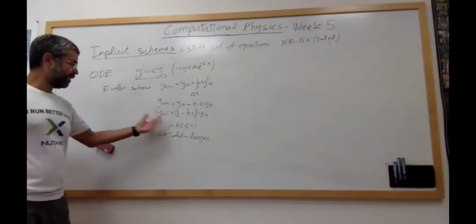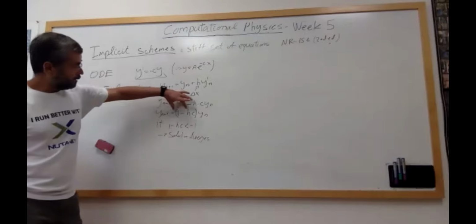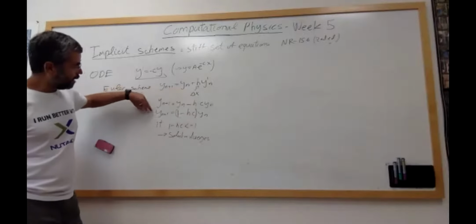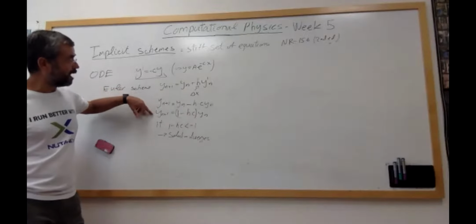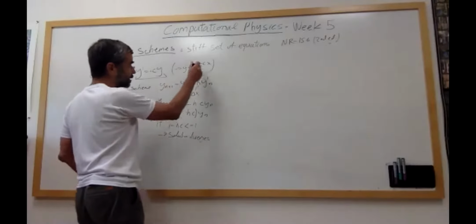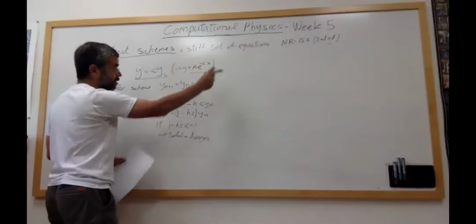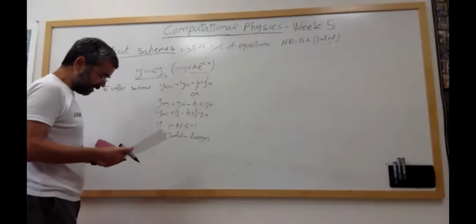So this is a very trivial case where each element is going to be larger, even though we know that the true solution actually converges, because it always decays.